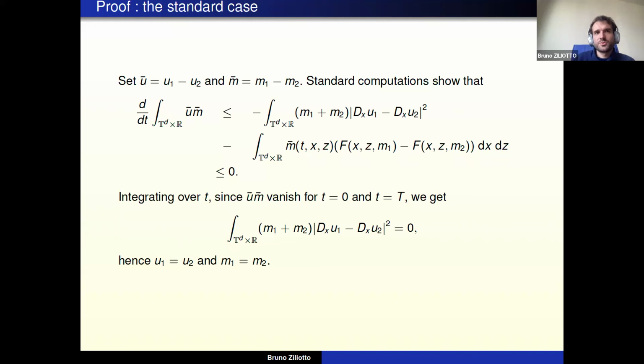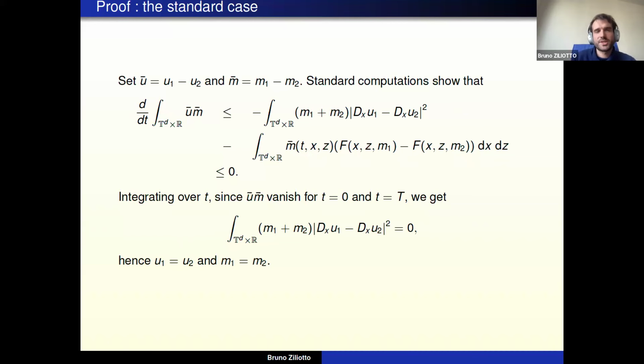The way it's done is to compute this object. Sorry, there is a mistake in my slide: I integrate over T^d times R, but we don't have any signal, so we should not integrate over R. You integrate U bar and M bar over the torus, and you differentiate this function. Because U bar and M bar satisfy the Fokker-Planck equation and the Hamilton-Jacobi equation, you can make the computation.